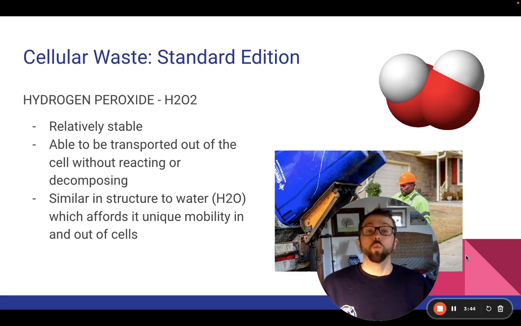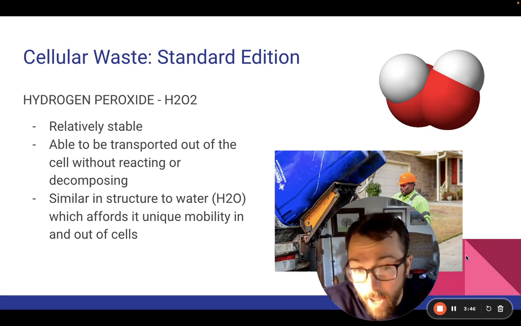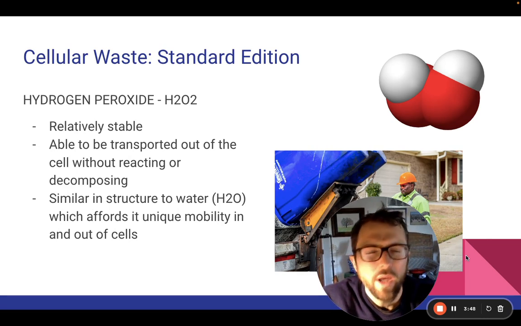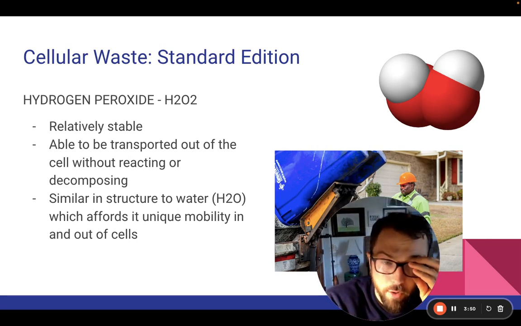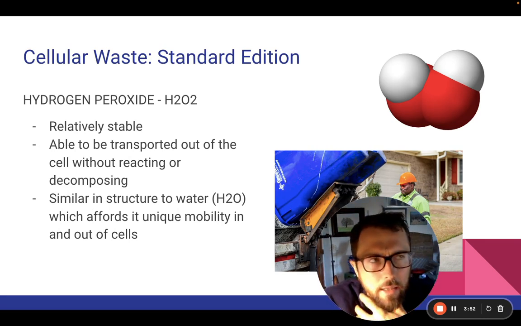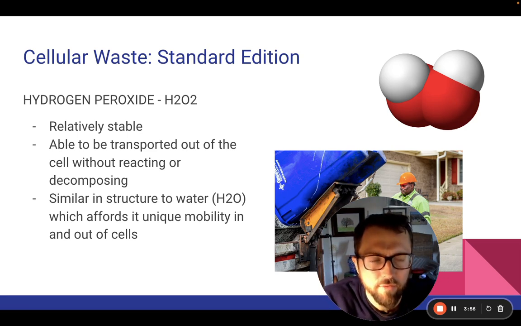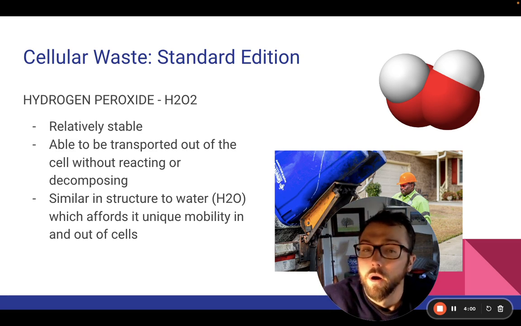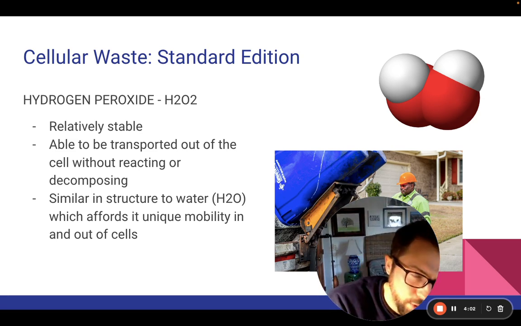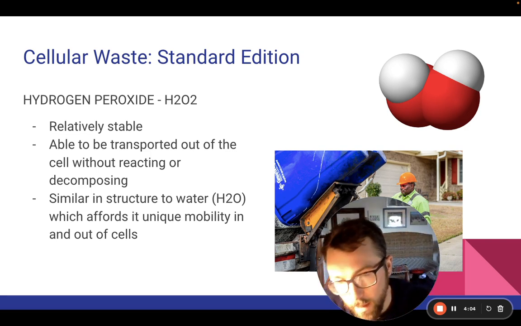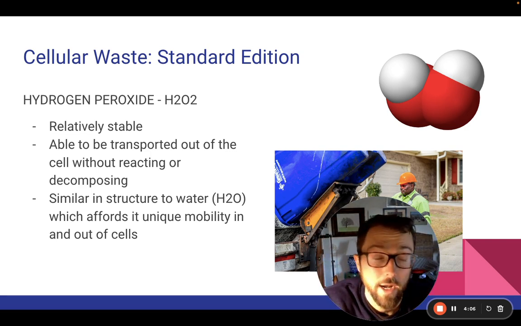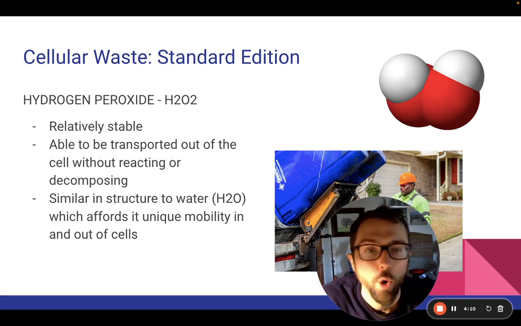And now you have to see, what does that waste look like? We've talked about ROS before. I think episodes 10, 11, and 12 talk more about inflammation and how that works. But ROS: there's hydrogen peroxide, there's the superoxide anion, there's the hydroxyl radical. Okay, so what does ROS look like?